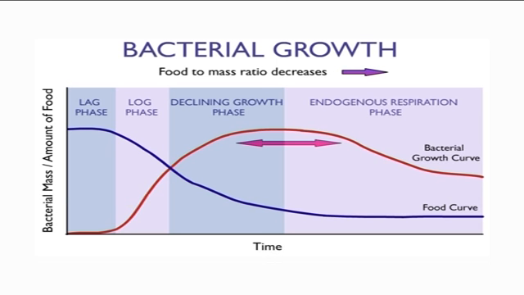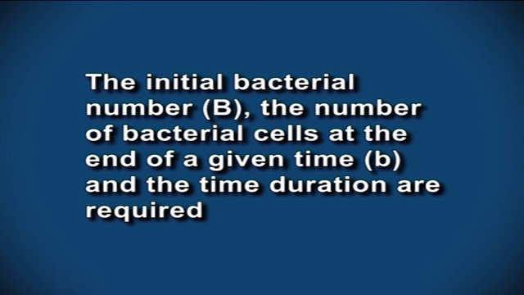The growth rate of any bacterial population can be calculated if the number of generations denoted by smaller n in a given time is known. The bacterial growth rate can be expressed in terms of mathematical expression. For this, the initial bacterial number denoted by capital B, the number of bacterial cells at the end of the given time denoted by lowercase b, and the time duration are required.